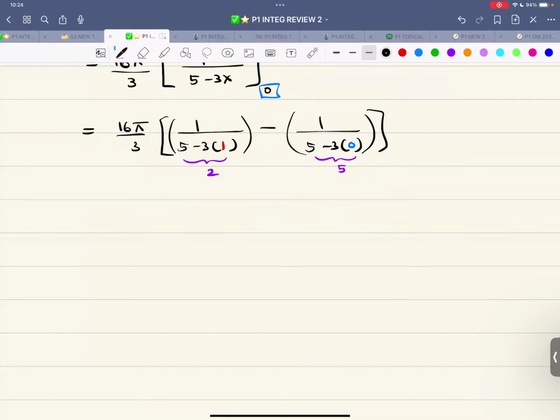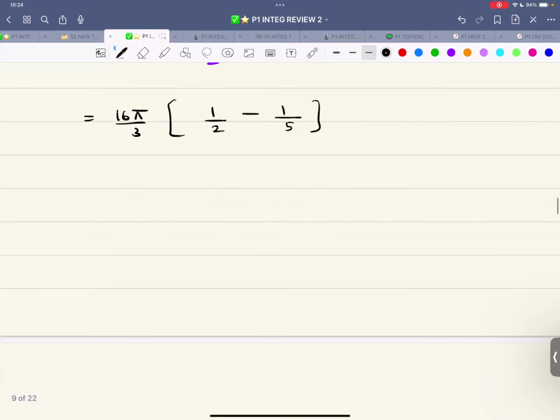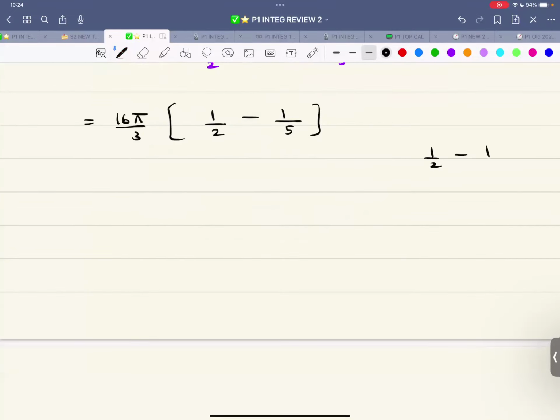So therefore, we are left with 16 pi over 3 times 1 over 2 minus 1 over 5. That's the same thing as 5 over 10 minus 2 over 10.